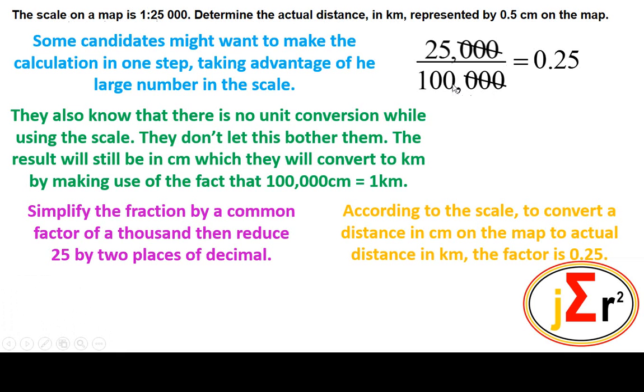After that use of the scale on the map, we need to divide by 100,000 because the result will still be in centimeters, and we have done that right there. That is how we end up with 0.25, and 0.25 is used as a single factor to do everything, which is to convert from centimeters on the map straight to kilometer in actuality.